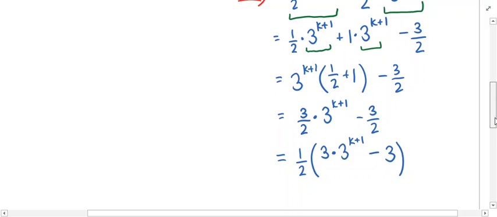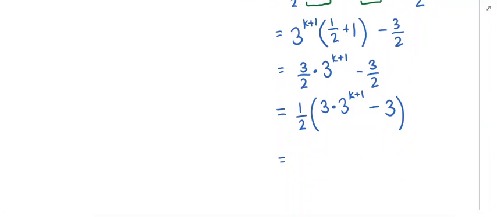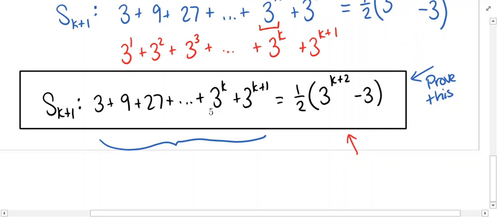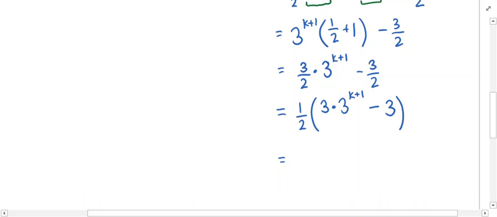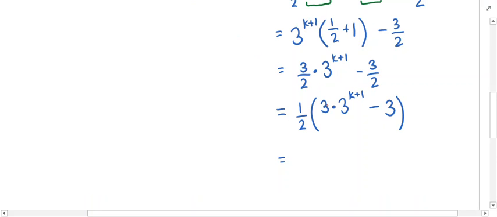So what happens now? Again, keep going back to the goal. The power on the 3 has to be k plus 2. Well, what do I have here? This is really 3 to the first power. And you have like bases. I have a power of 3 times a power of 3, so I'm going to add the exponents.